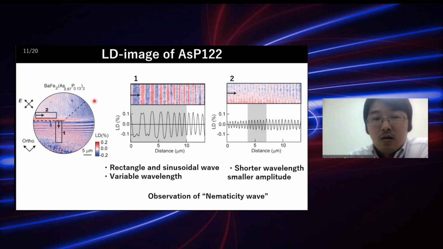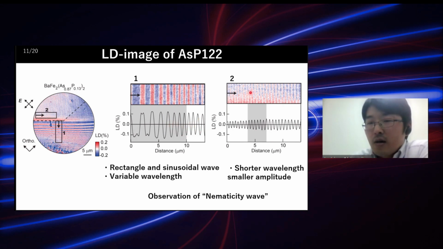Okay, so this panel shows the LD image of the phosphorus-doped BaFe2As2 material, and now we closely look at regions 1 and 2. This panel shows the line profile of these selected images, and we can see a rectangle and sinusoidal wave like this. Then we also found that the period is shorter for the right part.